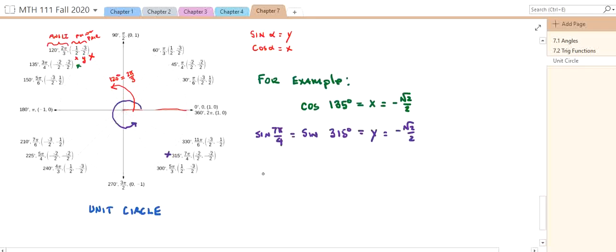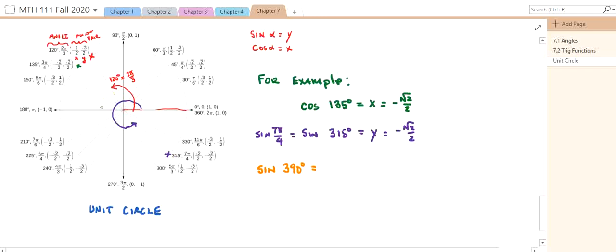Notice we can do something else here. Actually, before I do that, what about the sine of 390 degrees? This thing only goes up to 360. So how do we get the sine of 390 degrees?